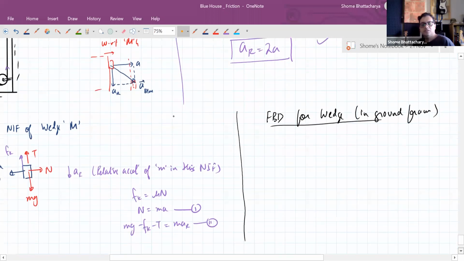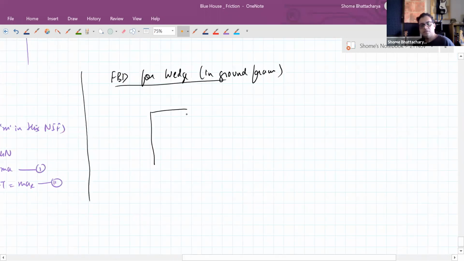So on the wedge there is a very large number of forces acting, because there's a pulley attached here and it's also in contact with the block. So there's tension, one more horizontal tension here. Then the block is pushing it with a normal reaction here and also applying a downward kinetic friction equal to mu N on it.